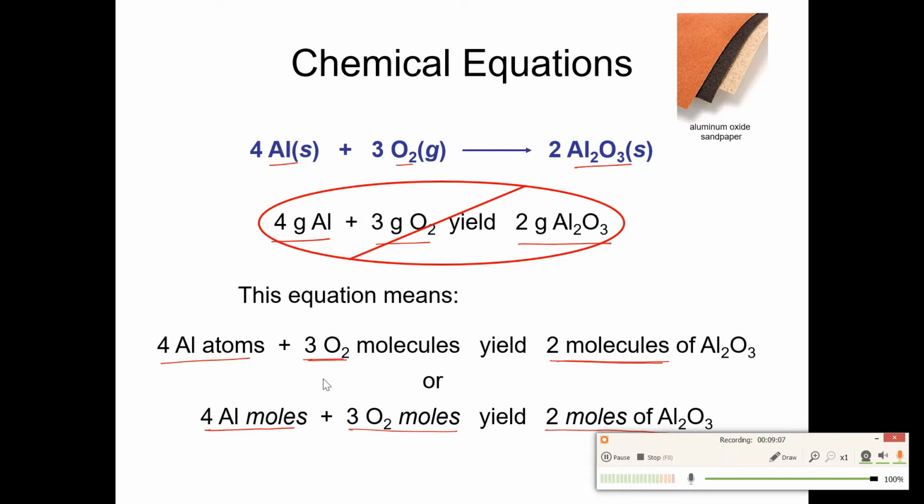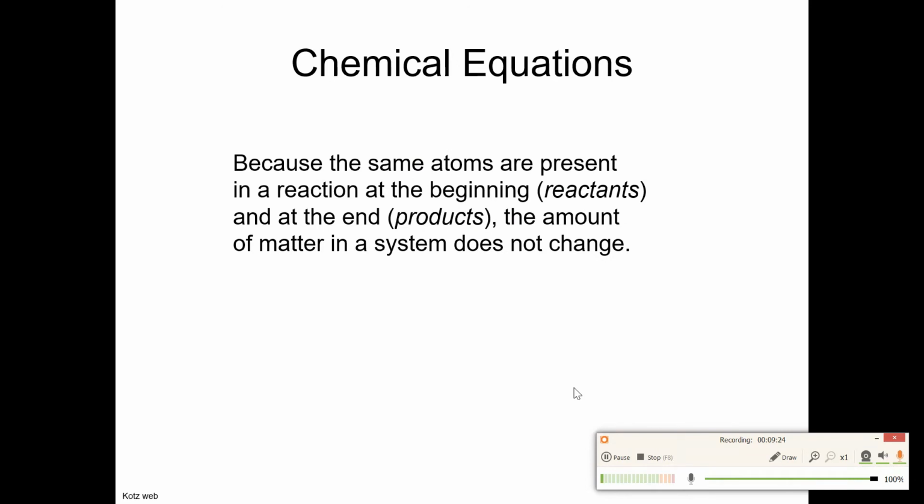So the mass of aluminium, oxygen and aluminium oxide is also taken into consideration, and if we calculate, we find that the law of conservation of mass is very well represented in chemical equations. Because the same atoms are present in a reaction at the beginning and at the end, the amount of matter in a system does not change.